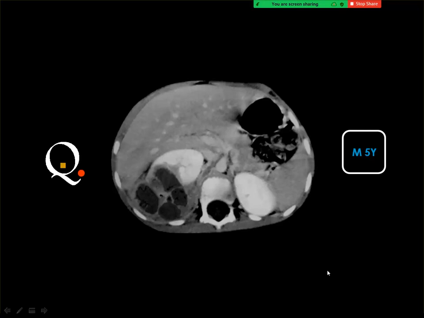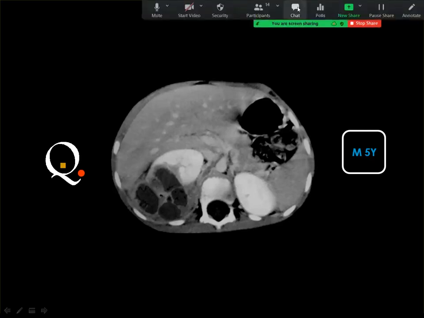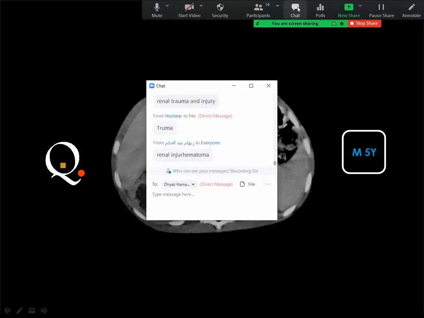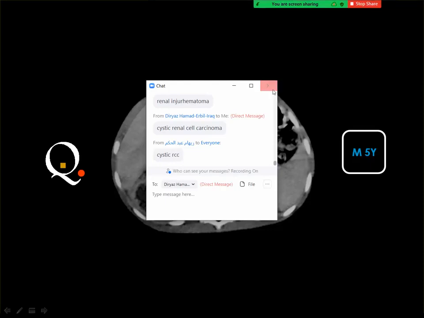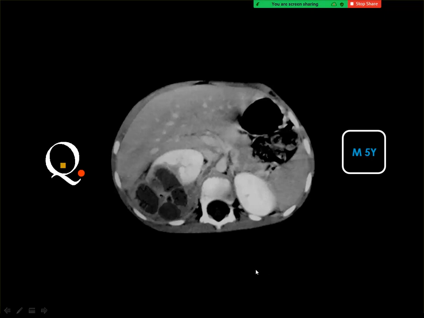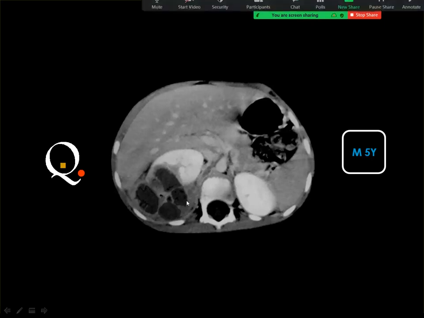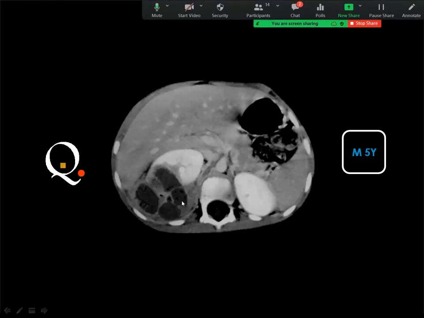Next case, cystic renal cell carcinoma, no. And actually, for the diagnosis of cystic renal cell carcinoma, you have to see cysts as well as a solid component.